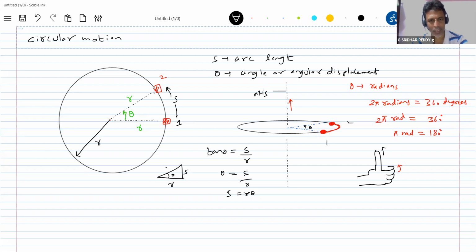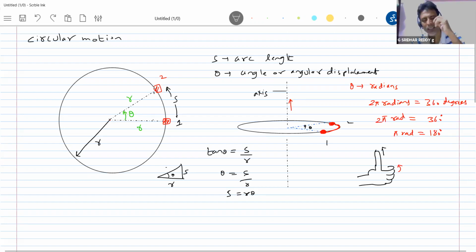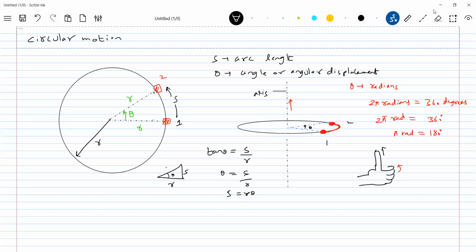Here in the diagram theta appears a little larger, but for very small theta, the straight line is related to the arc length: the arc length is equal to R theta.